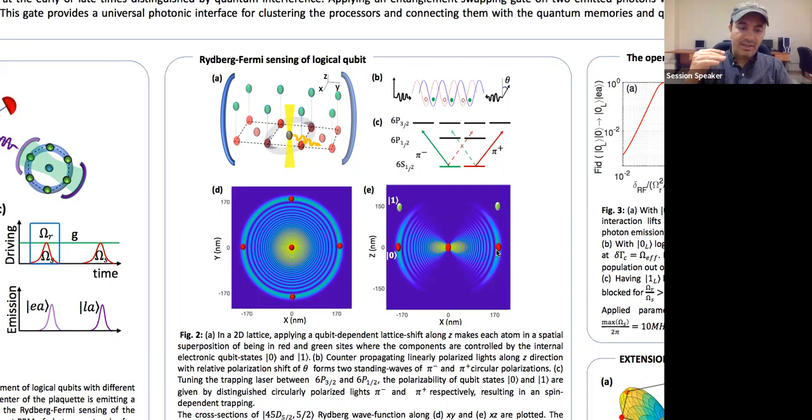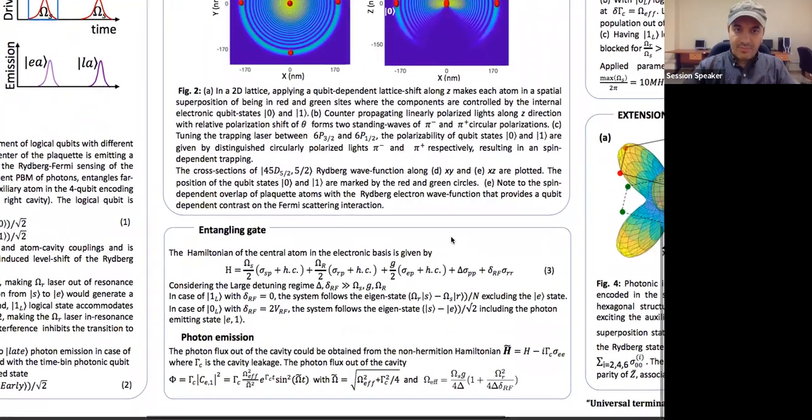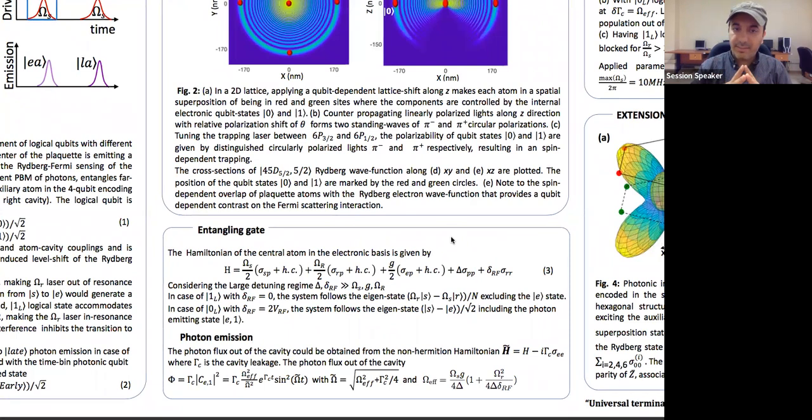And the qubit-dependent level shift of the central atom occurs by the Fermi scattering of the electron from this 3D geometry. In the paper, I also discussed the dynamics and the analytics behind this entangling mechanism.